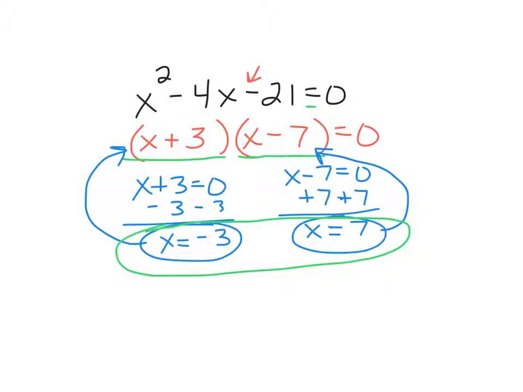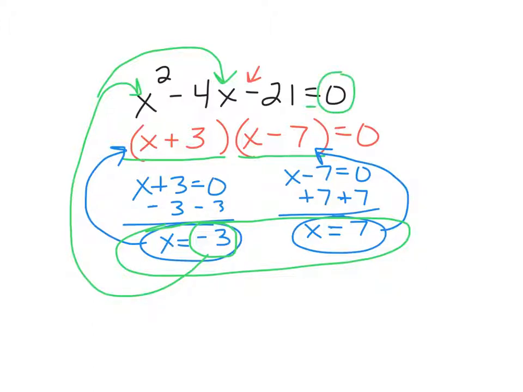Remember, that would mean that if I put negative 3 in for x in both of these areas and perform the calculation, I would get 0 for an answer. It also means that if I put 7 in for the x and 7 in for this x and perform the calculation, I would also get 0.